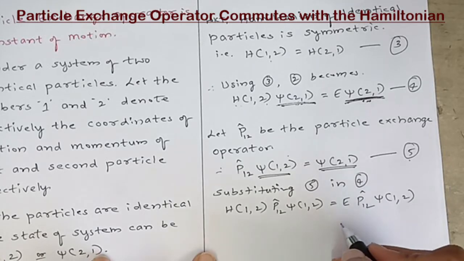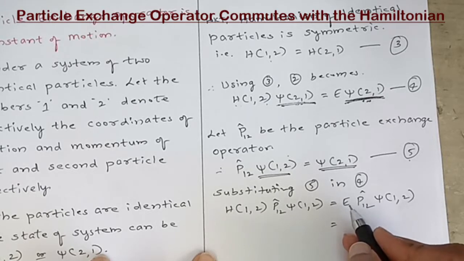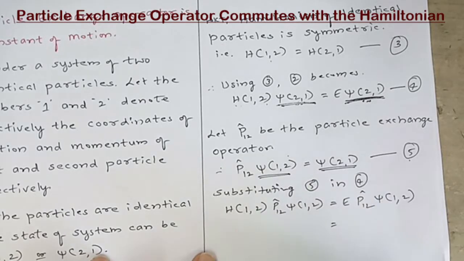Now I can take E to this side, because E is a constant, the energy eigenvalue, so there is no harm in moving it. I will write it like this: P12 E psi(1,2). So this is what we get.